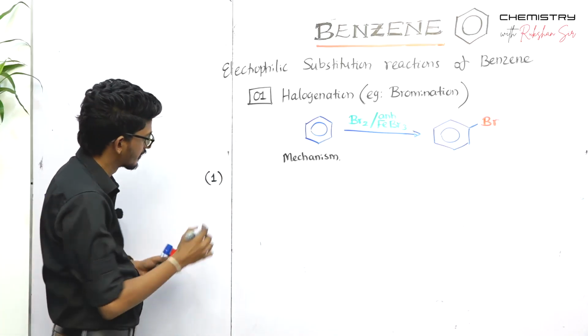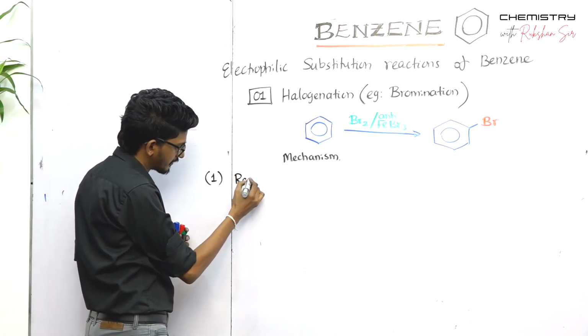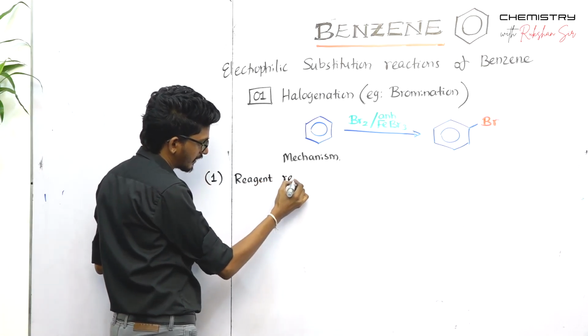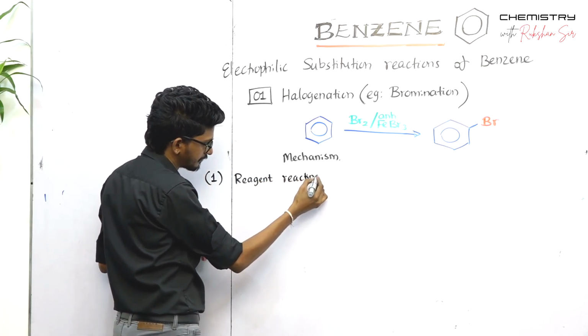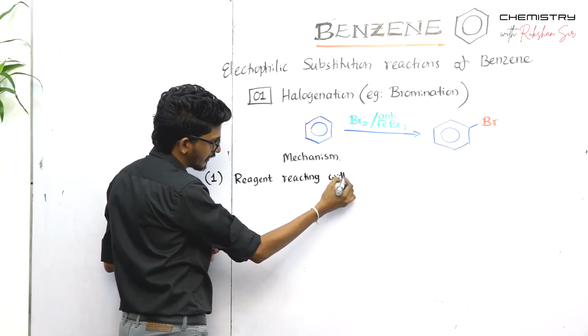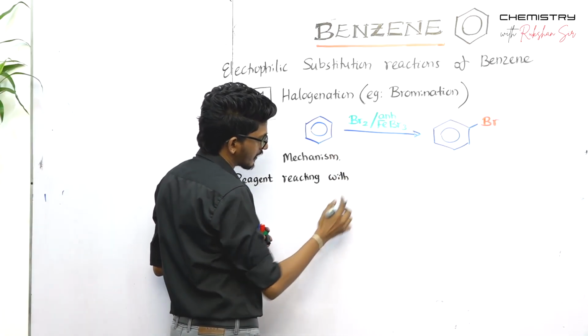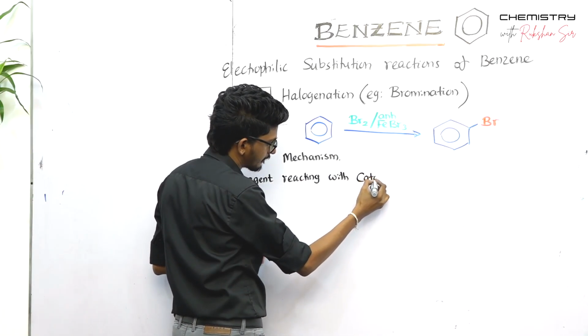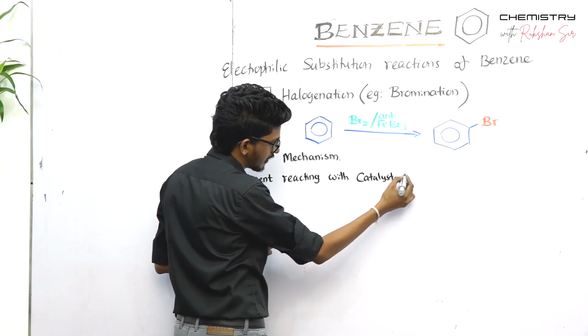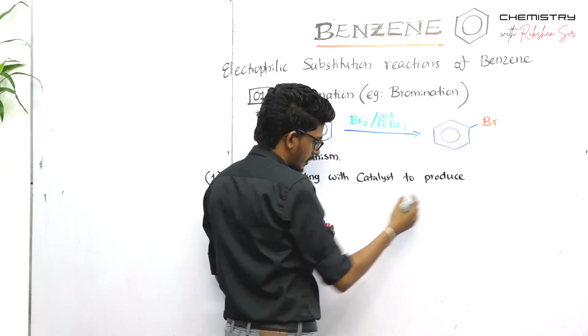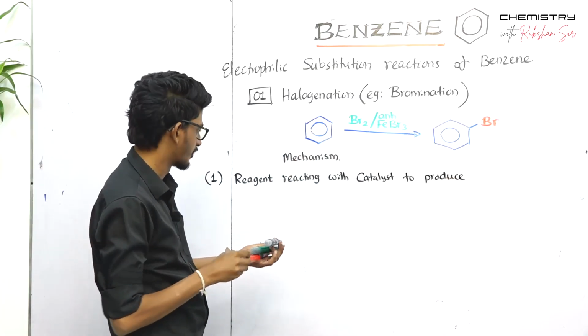So we can write it as reagent reacting with catalyst to produce active electrophile.